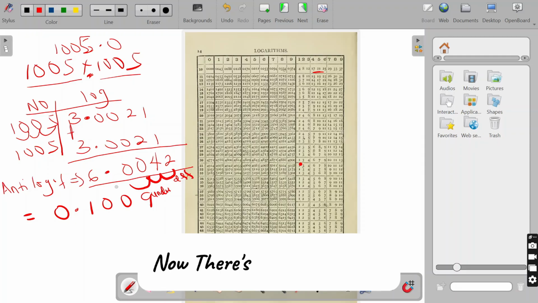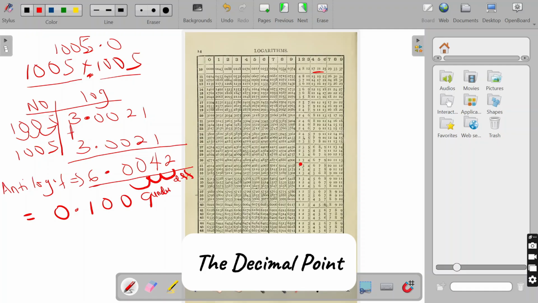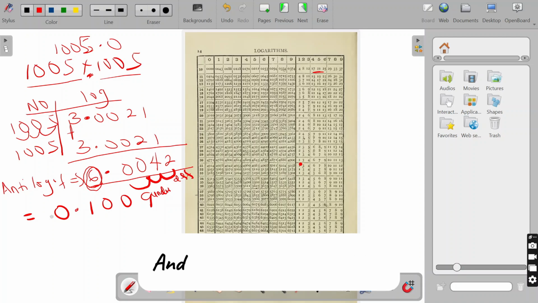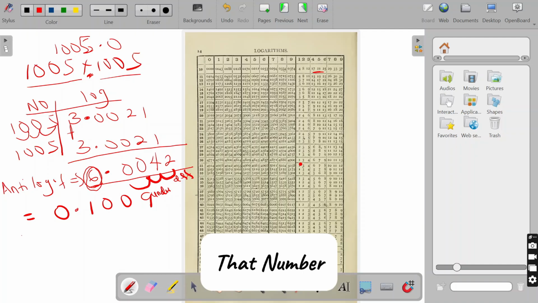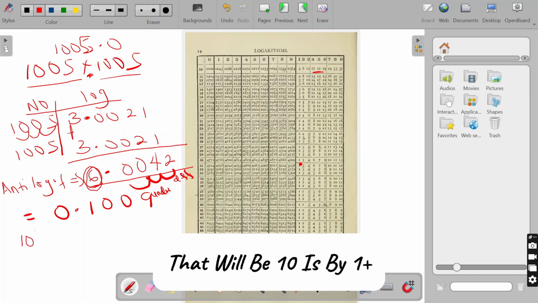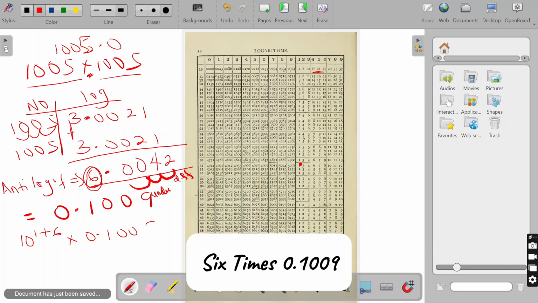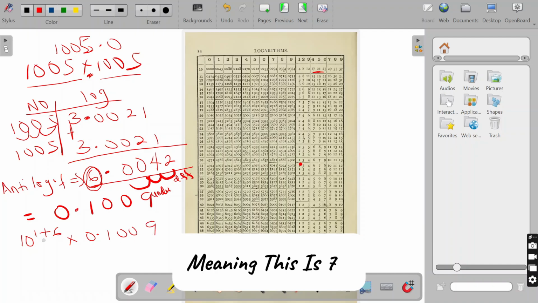Now there's a 6 in front of the decimal point. What you need to do is to add 1 to the power of 10. And you add 6 to the power of 10. That's the 6 in front of that decimal point. That will be 10 raised to the power 1 plus 6 times 0.1009, meaning this is 7. So you have to move the decimal point 7 times.